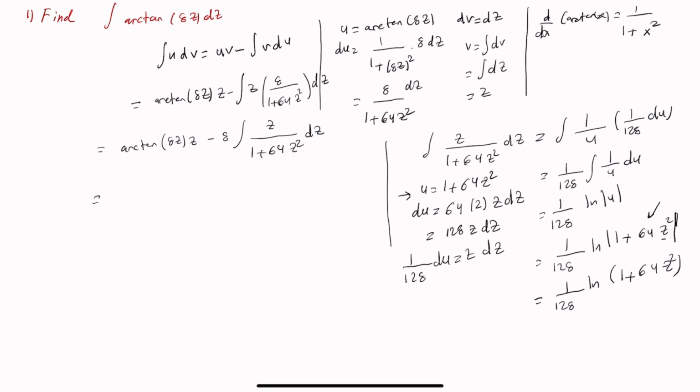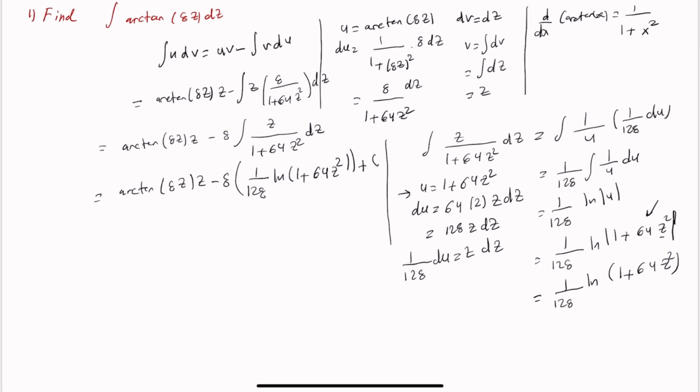So that's going to be equal to arctan of 8z times z, and then minus 8 multiplied by the antiderivative of this, which is 1 over 128 natural log of 1 plus 64 z squared, and then we don't forget the C. And that is the antiderivative of the given integral.